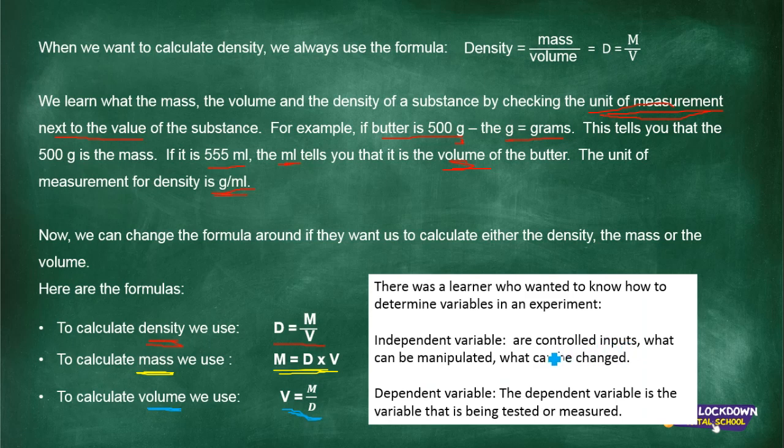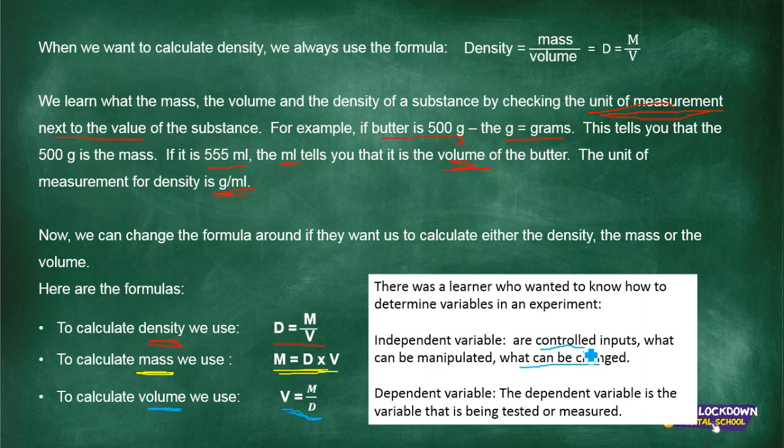Controlled inputs mean what can be manipulated, what can be changed, which means we can control it. So in that water, sand, flour experiment, the independent variable was the volume, because you can control the volume that you are going to use.